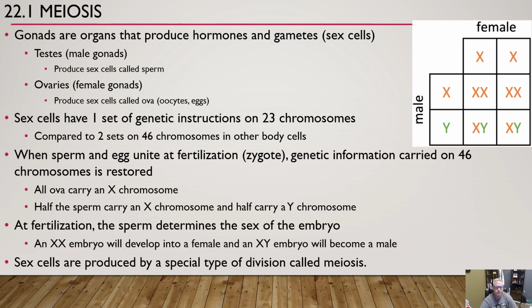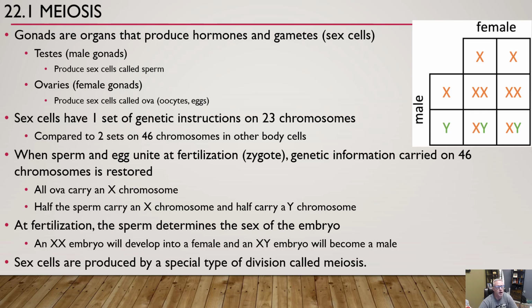All right. The female, the egg, always has an X chromosome, and the male either has an X or a Y chromosome. Half the sperm have an X chromosome, and half the sperm have a Y chromosome.